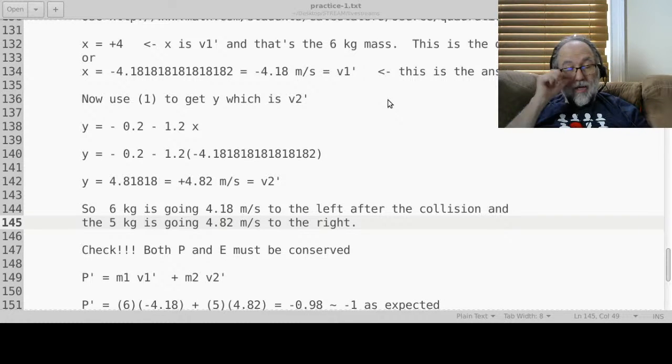On the assignment, there are actually two questions. Look at them both together. I forget their numbers, but one is what you get for the velocity after for one mass, and the other is for the other mass. They're two questions for the same problem. You say, okay, you've given me these velocities.